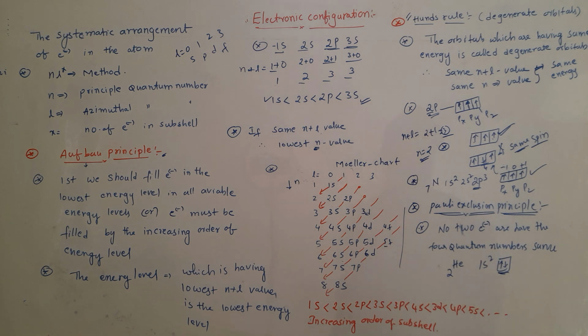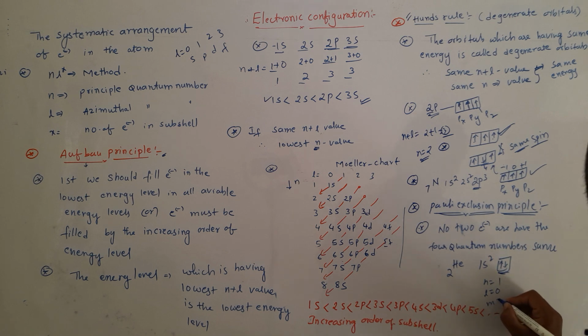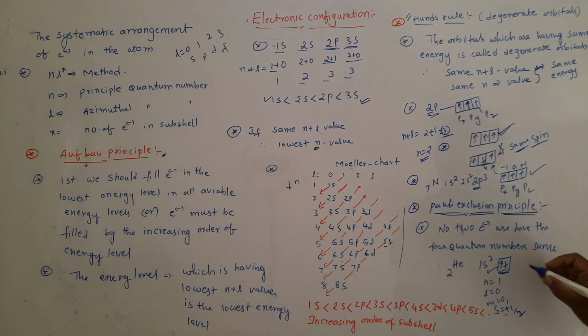When you see the 4 quantum numbers here, for this electron the principal quantum number is 1, azimuthal quantum number is 0, magnetic quantum number is also 0, and spin quantum number s is equal to plus half. Why? Because it is in the upward direction. And for the other, n is equal to 1, l equal to 0, m also equal to 0, s is equal to minus half. Why?